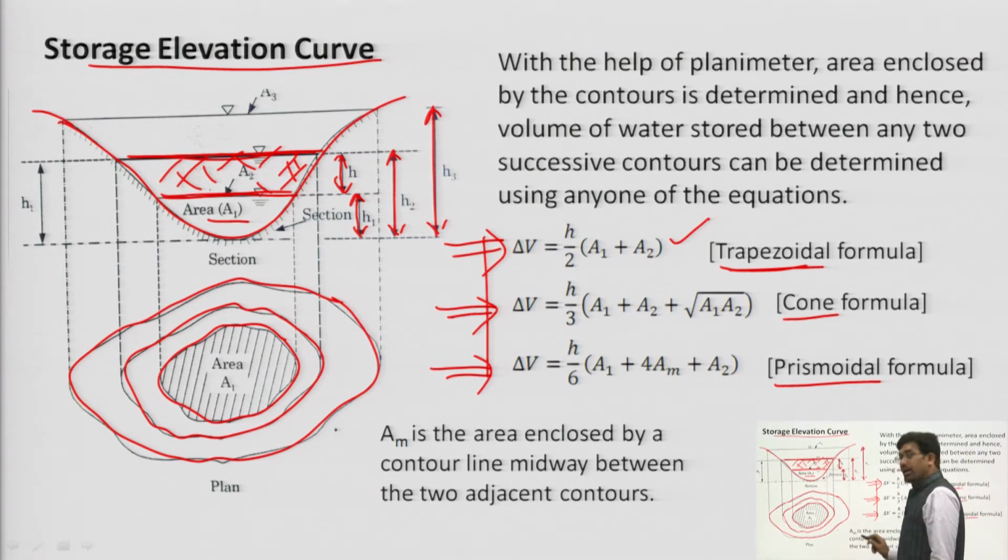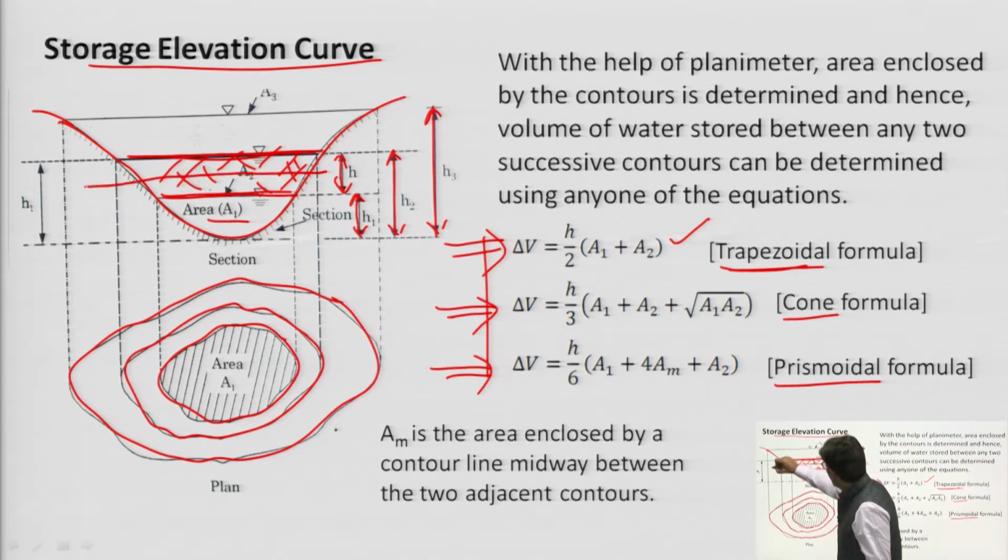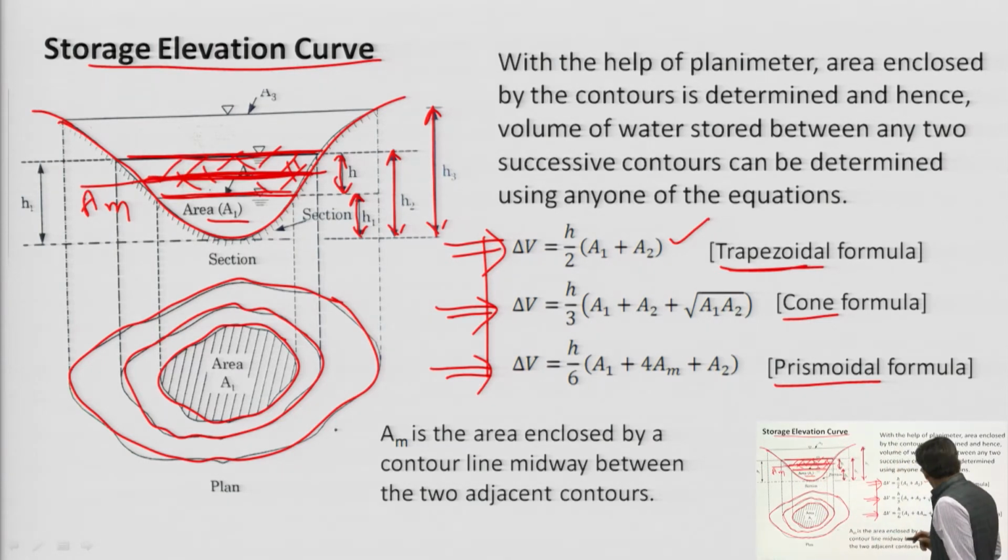Am is the area enclosed by contour line midway between the two adjacent contours, meaning this one area. That one area we need to find out if we are considering the prismoidal format.